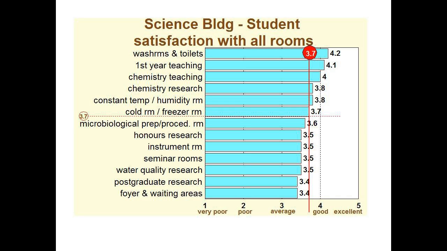And the other issue is if you look at those type of rooms which appeal to them or they use more and have more of a connection to, again, the foyers and waiting areas. So that's something that's common with students in both buildings as being a problem. Instrument rooms, seminar rooms, and the other similar rooms there, they consider them not adequate, but nowhere near as critical as the staff rating those particular types of rooms.